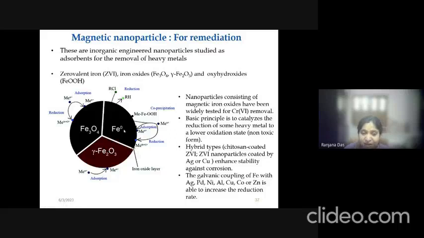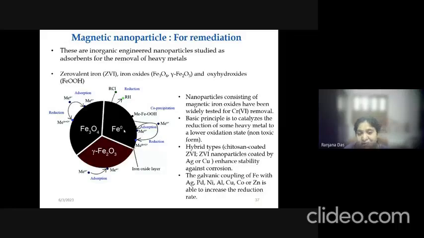That is, it is helping in the reduction of the component that we want to remove. As for example, in tannery waste, you are getting lots of chromium 6, which is a very toxic material and you want to remove it from the effluent.